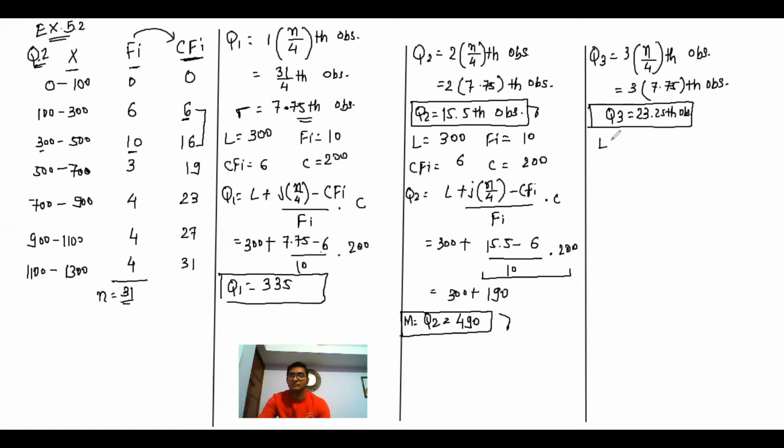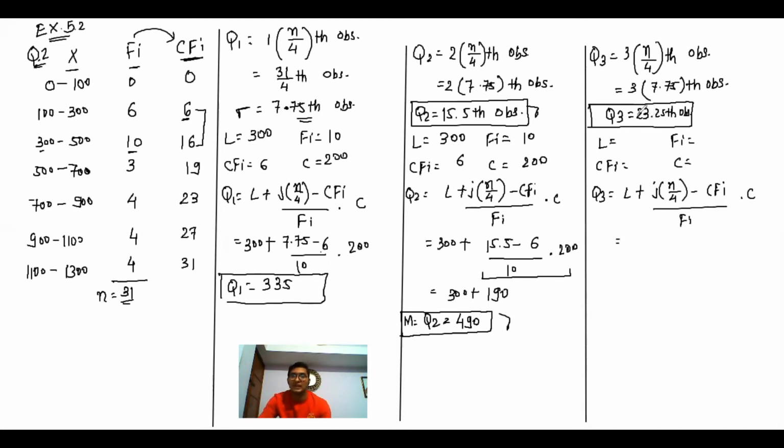Now L, Fi, CFI and C. Formula for Q3: L plus (n by 4 minus CFI) divided by Fi multiplied by C.